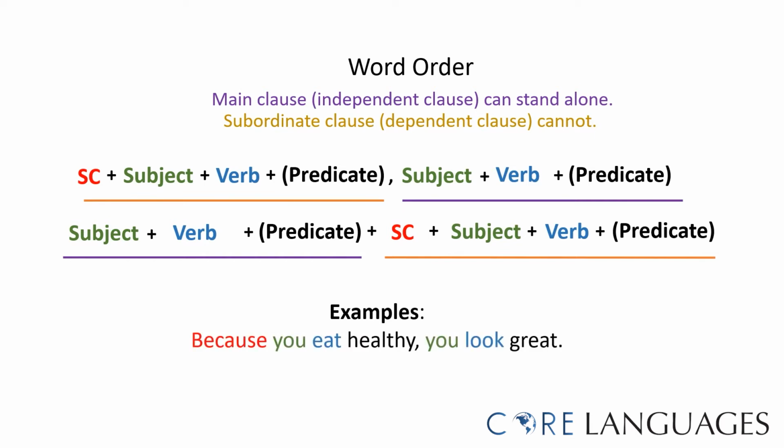Because you eat healthy, you look great. Because is the subordinating conjunction, and because you eat healthy is the subordinate clause. You will be happier once you get more sleep. Once is the subordinating conjunction, and once you get more sleep is the subordinate clause.